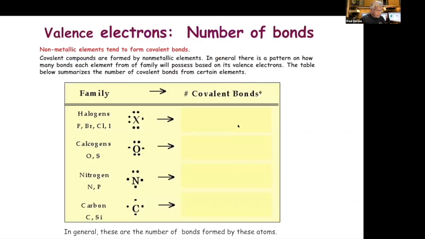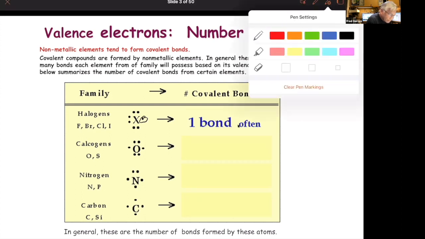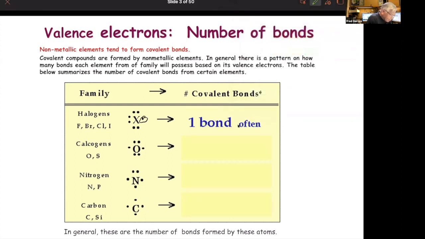Okay, so here are examples of elements and how many valence electrons they have. The halogens have 7. By pairing up, leaving one unpaired electron, it can form one bond with whatever atom is donating the other extra electron.